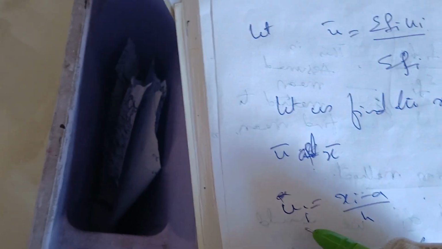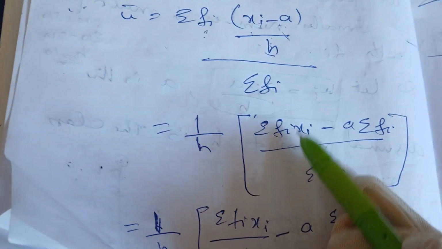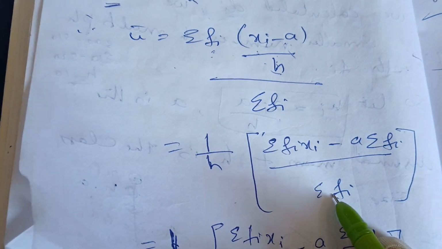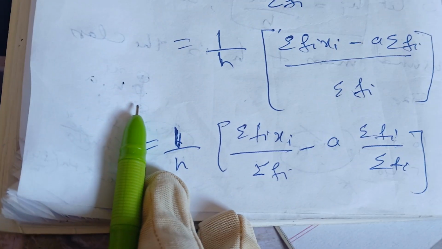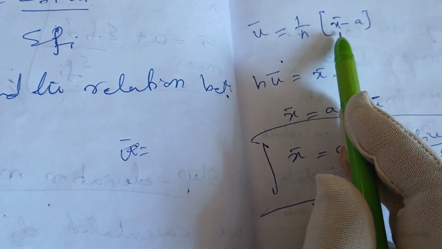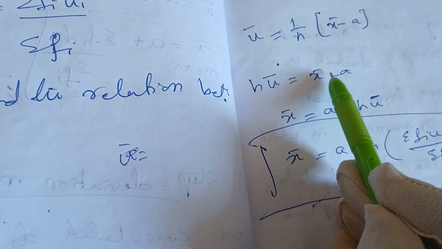As per this formula, we get 1 by h, sigma of fi xi minus a sigma of fi, by sigma of fi. We get 1 by h, sigma of fi xi by sigma of fi minus a, and sigma of fi cancels. We will get u bar equals 1 by h into x bar minus a.